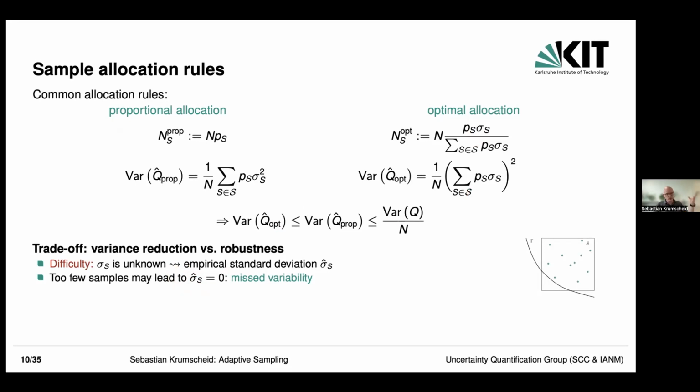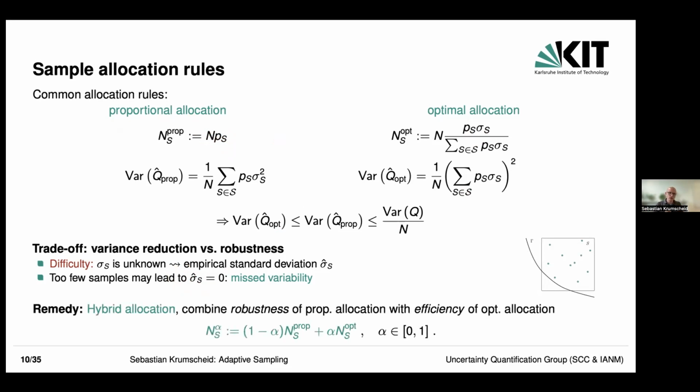So on the one hand, we have proportional allocation being quite robust. There's nothing that we have to do about the variance or standard deviation. On the other hand, we have something which is not very robust but optimal. What we have introduced is a so-called hybrid allocation, where we're aiming to combine benefits from both worlds.